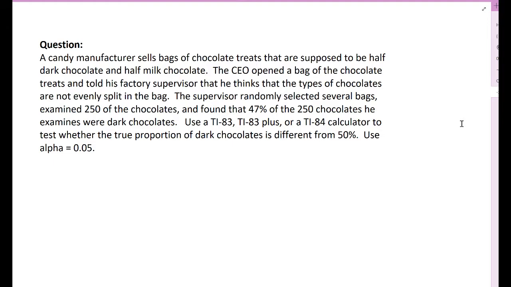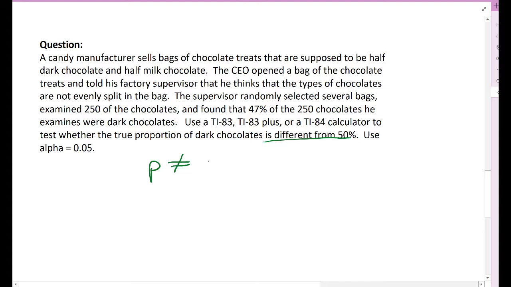Okay? All right. So first step, as always, is to construct your hypotheses. Since we are working with a proportion, instead of using mu's, we're going to use p. So we need to test whether the proportion of dark chocolates is different than 50%. So we are testing if p does not equal 50%.